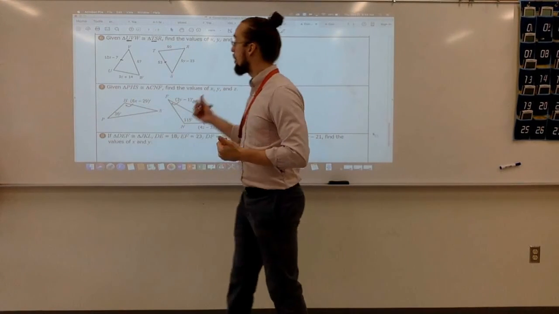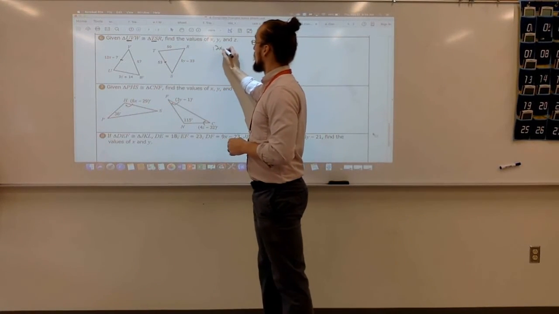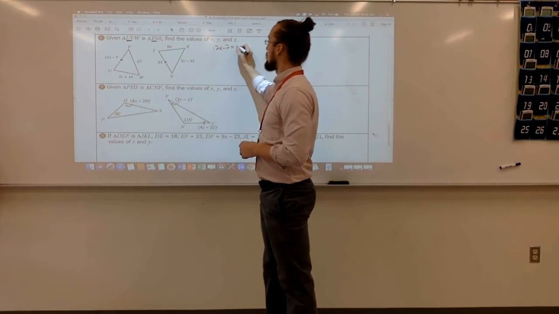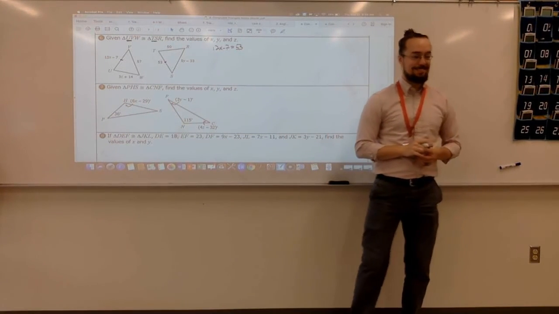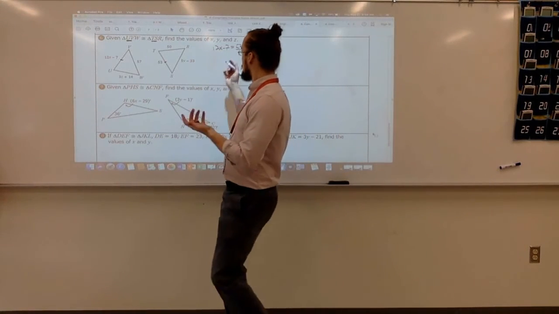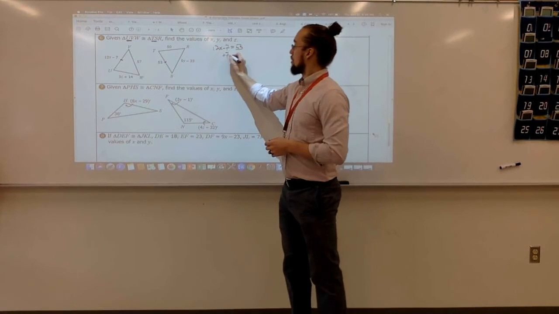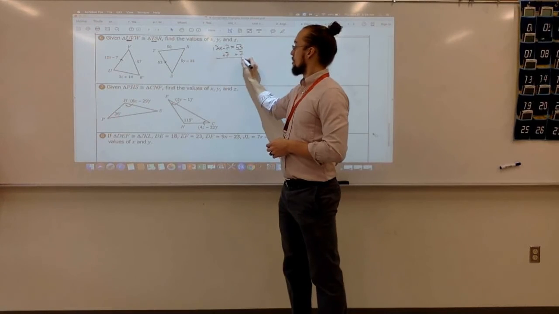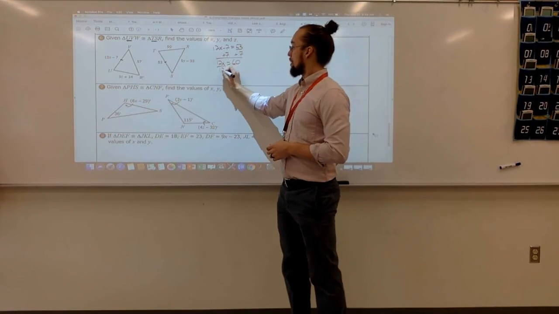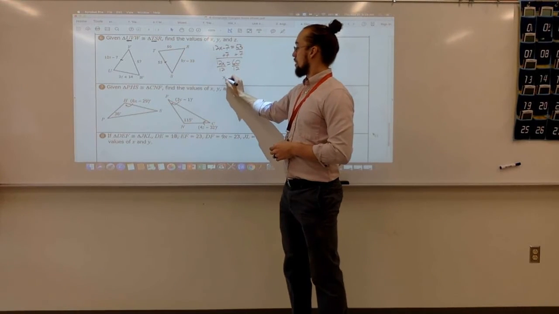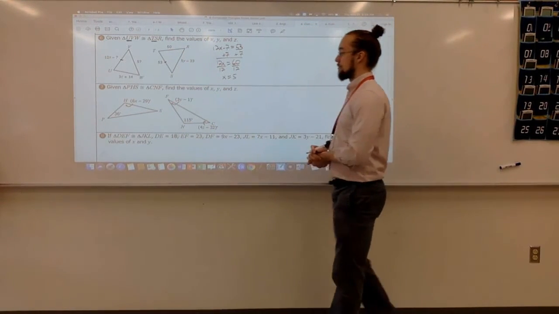I can set up an equation as 12x minus 7 equals 53. Okay, so then to solve, you would just add the 7 over, divide by 12, and x would be 5.